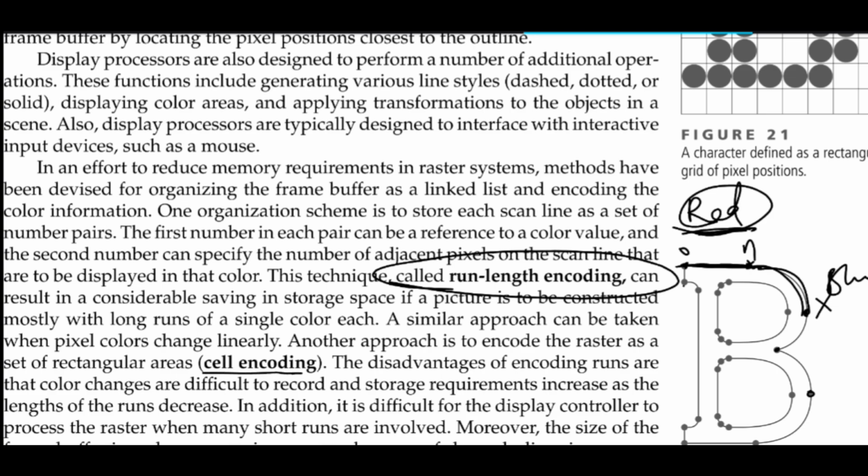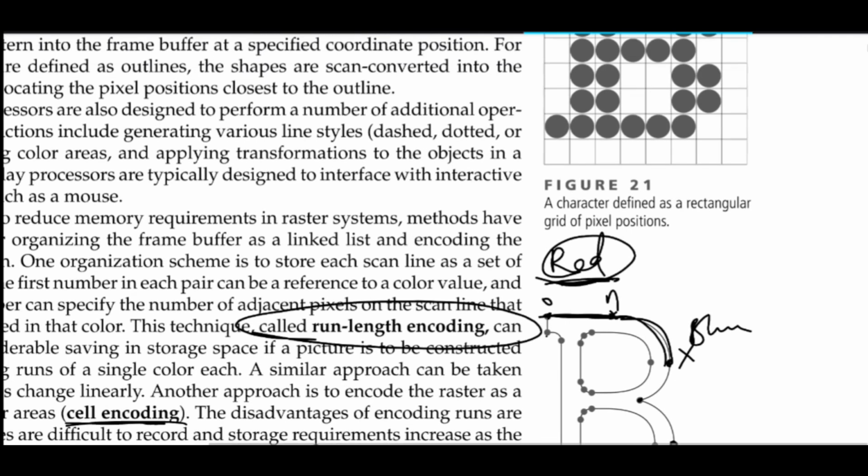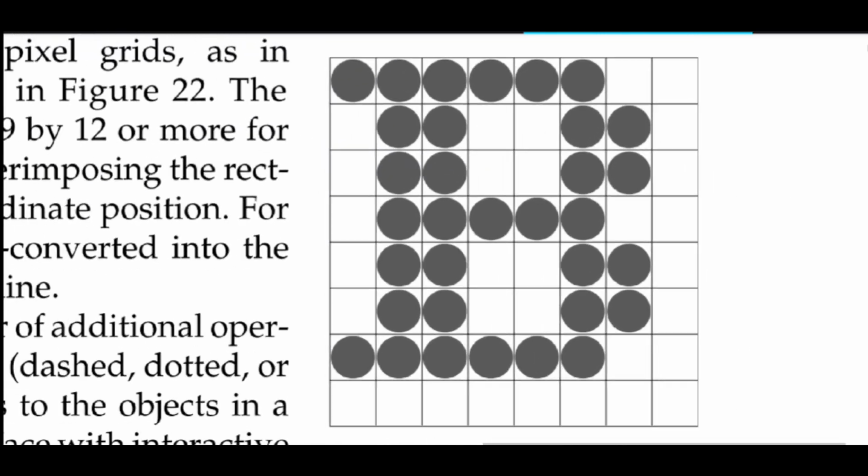Then here is our cell encoding, which is another encoding. Cell encoding means it divides the image or the screen into rectangular cells and stores all the cell details with cell coordinates. Cell details mean which color has to glow, how much intensity, and the alpha information. Like our figure 21, it only stores this rectangular information.